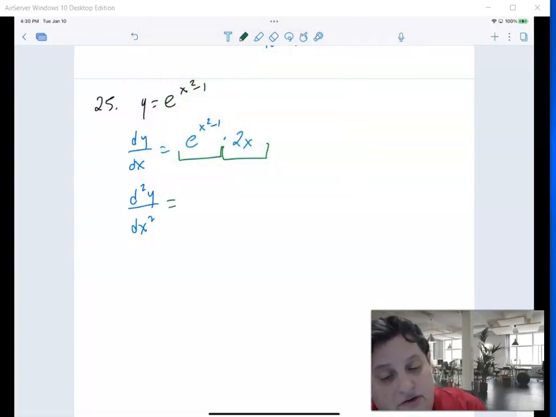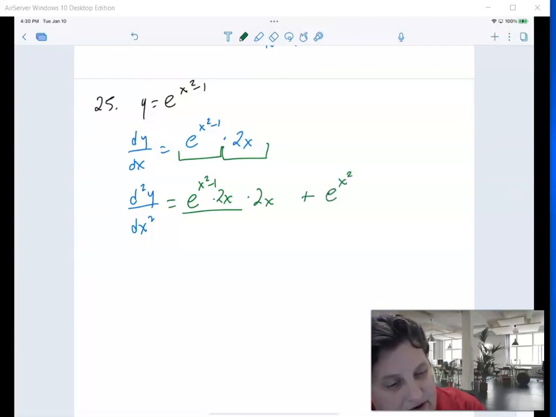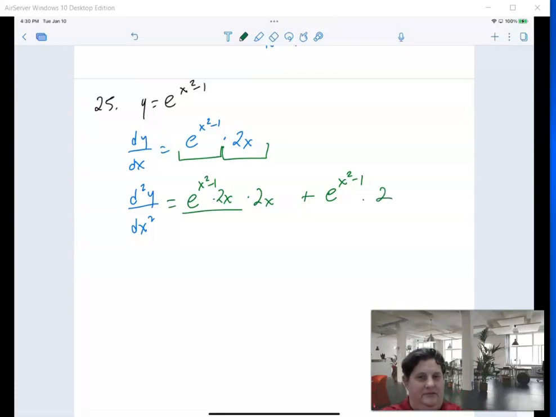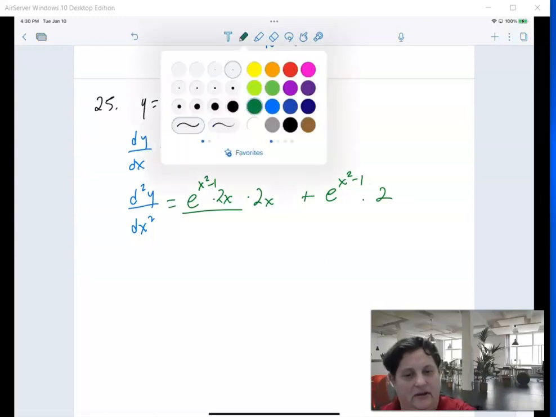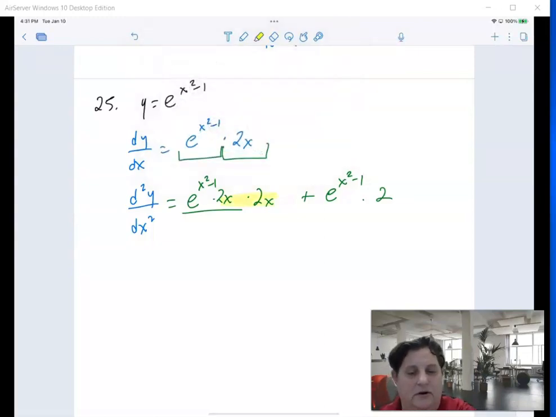So it goes like this: derivative of the first times the second, plus the first times derivative of the second, which is just 2. Okay, I'm not going to simplify that a lot of this. We're going to turn this into a 4x squared, but I did the math. Again. Alright.